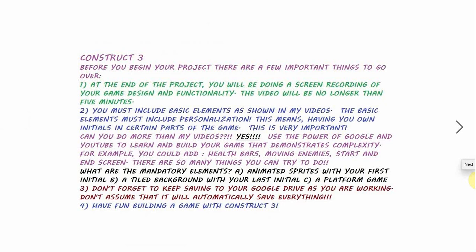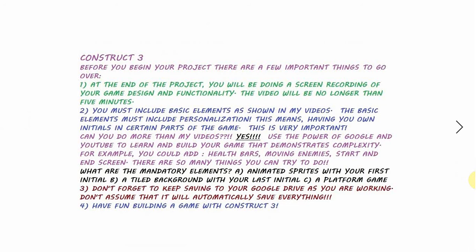Before you begin your project, there's a few important things to go over. First thing, at the end of this project, you will be doing a screen recording of your game design and functionality. You are going to be recording video and audio of your game and some of your design features, your gameplay, and you're going to make a video including audio that will be no longer than 5 minutes.